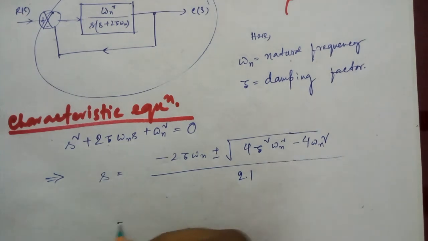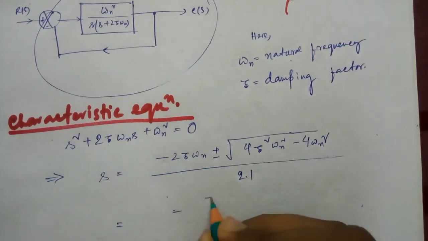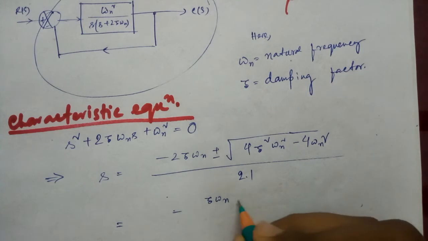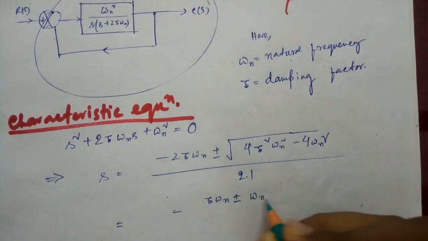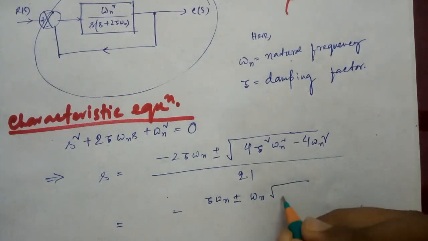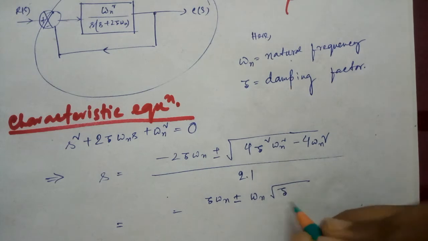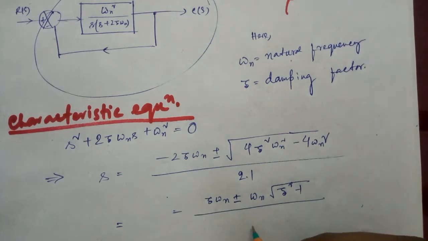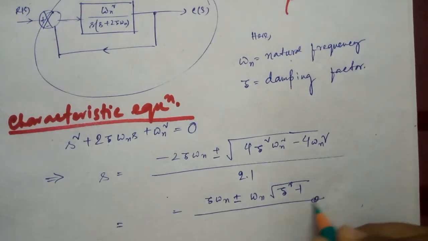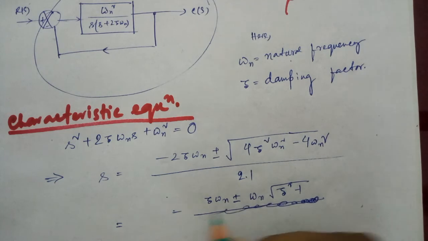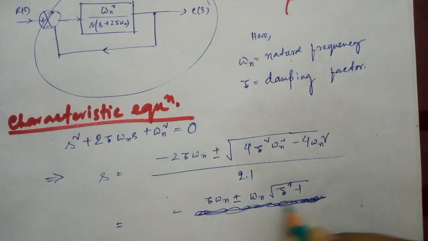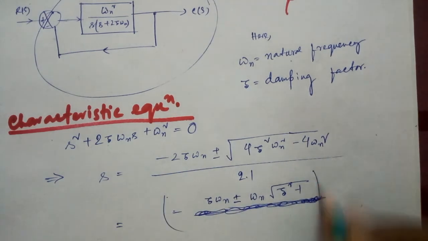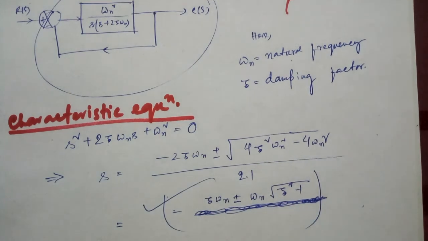So it will come like this, and I have divided that part with 2, so it will be the value of s.